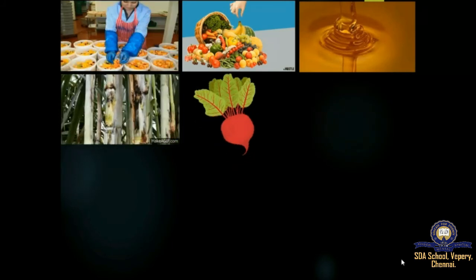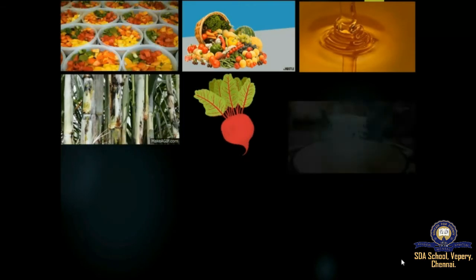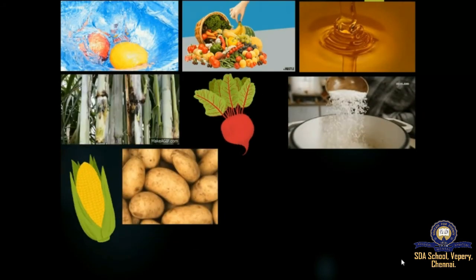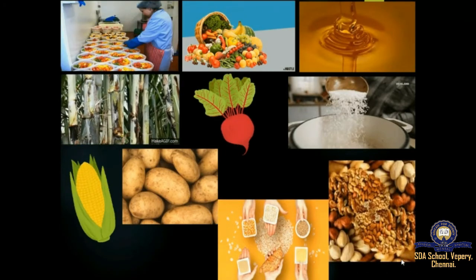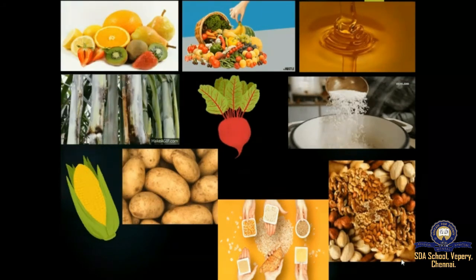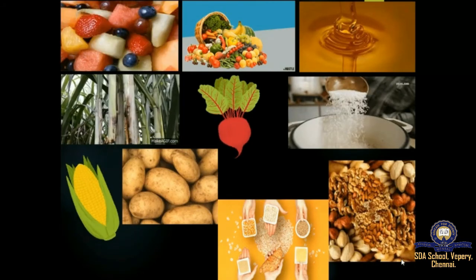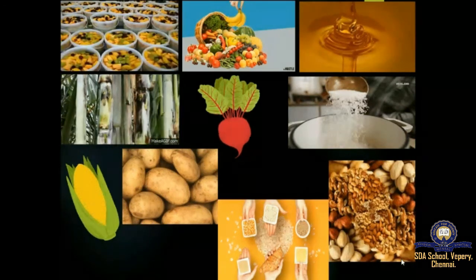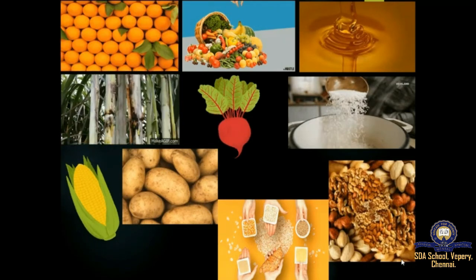So the first five pictures are the sources of sugar, whereas rice, maize, and potatoes are the sources for starch, and whole grains and nuts are the sources for dietary fibers. So what are the various forms of carbohydrates? It is sugar, starch, and dietary fiber.